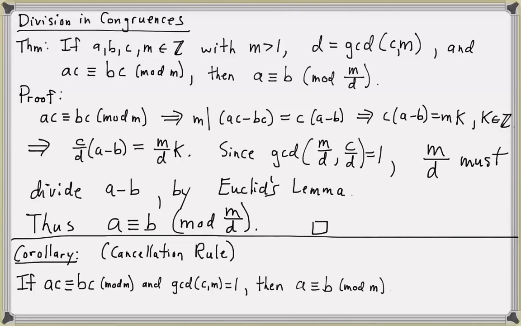So M divided by 1 is still M. So if you have a congruence with a common factor on both sides and the common factor is relatively prime to the modulus, then we can cancel that common factor. So let's use this theorem and this corollary, the cancellation rule, to solve some congruences.